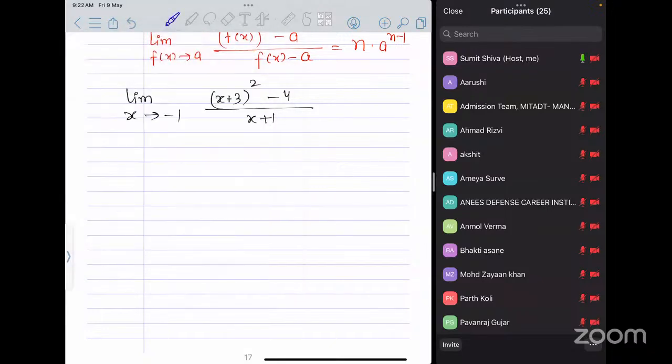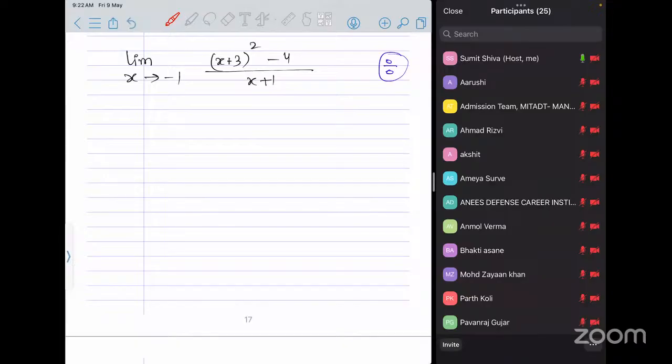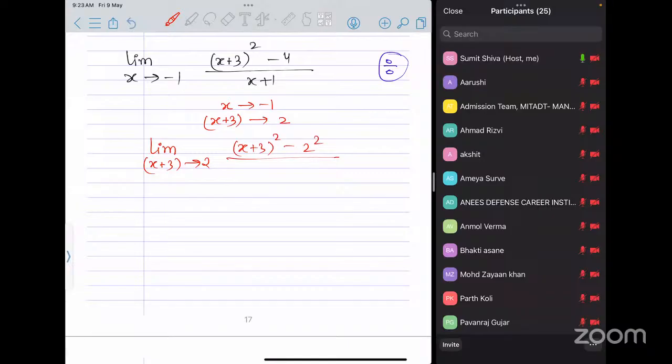Now this will be a perfect question. On substituting x equals to minus 1, this will be 0 by 0 form. To deal with it, we have to convert it into standard form. Since x tending to minus 1 implies that x plus 3 will be tending to 2, I can rearrange it: limit x plus 3 tending to 2, x plus 3 raised to power 2 minus 2 square upon, in place of x plus 1, x plus 3 minus 2.